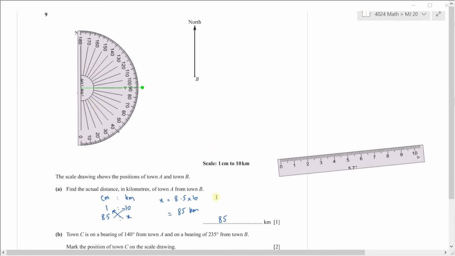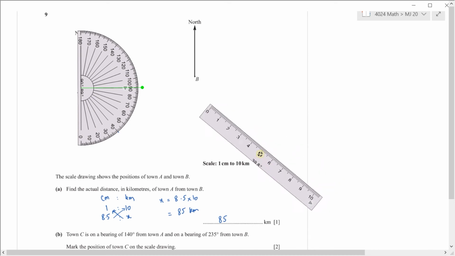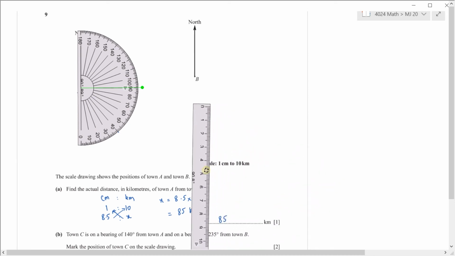And the other bearing that we have is 235 degrees from town B. So 235 will be somewhere here. Since my protractor only goes up till 180 degree, so we can extend this line downwards, and we know that that angle will be 180 degree.